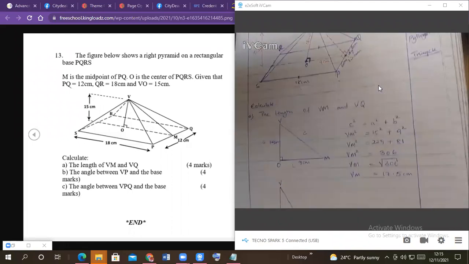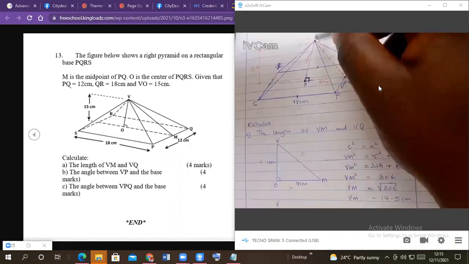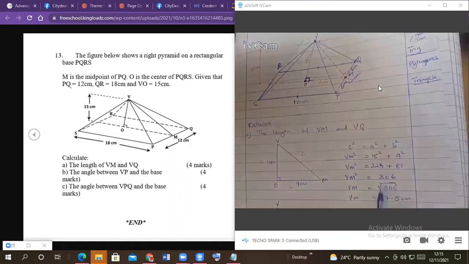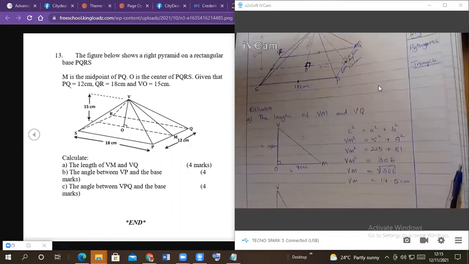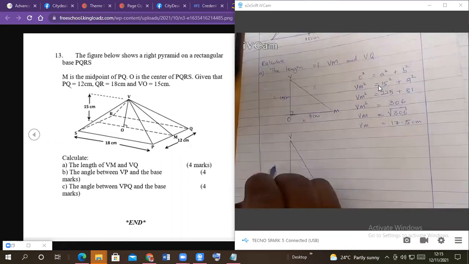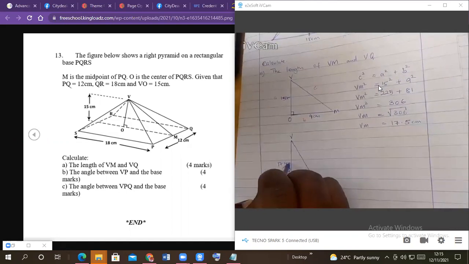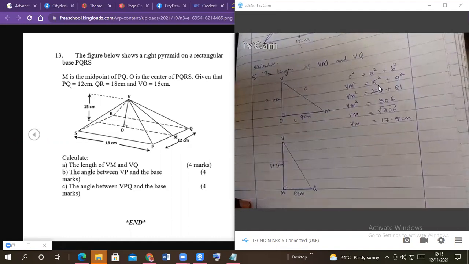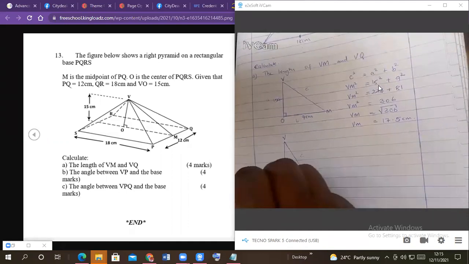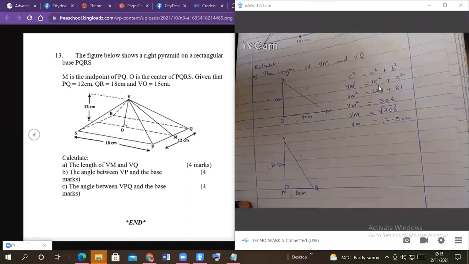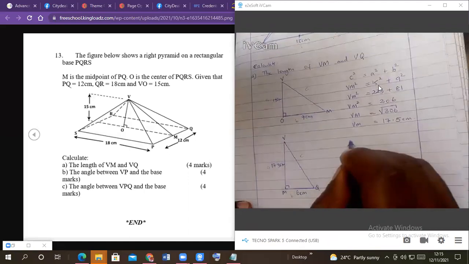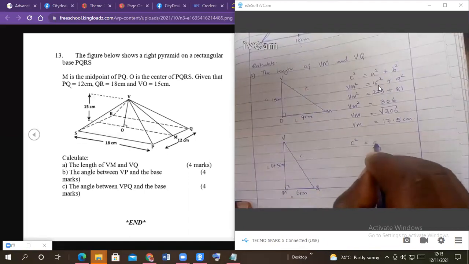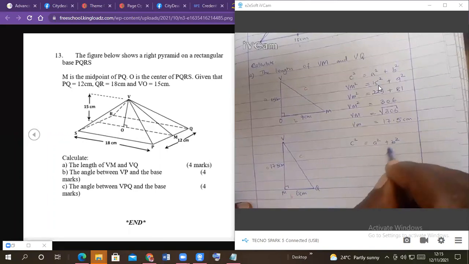And then VM, this slanting edge, which I've obtained as 17.5, I'll write as 17.5 centimeters. Then again, I'm going to use Pythagoras theorem. So this is your C, this is your A, and that is your B. You say C squared equals A squared plus B squared.